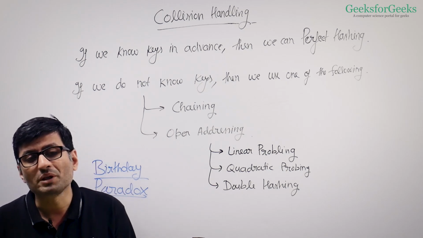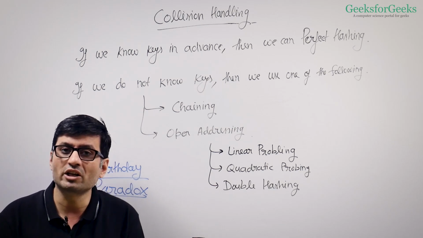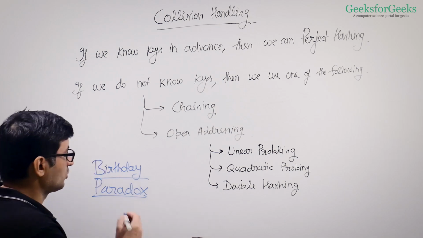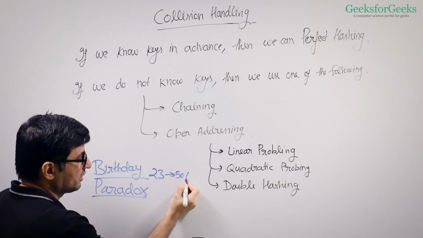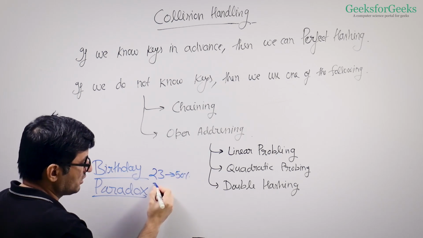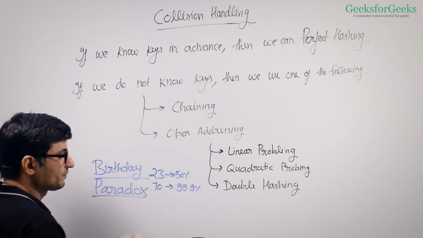If the number of people is 70, then these chances go up to 99.9%. So with 23 people, you have the probability as 50%. With 70 people, you have the probability as 99.9%.